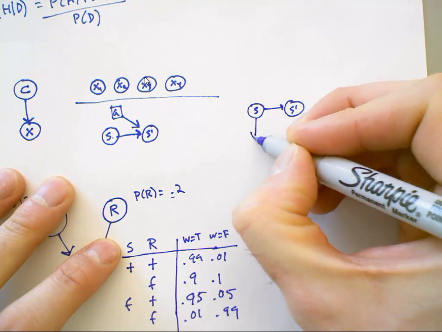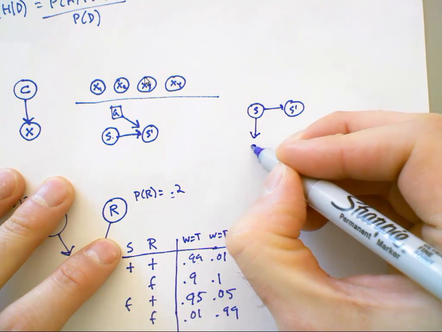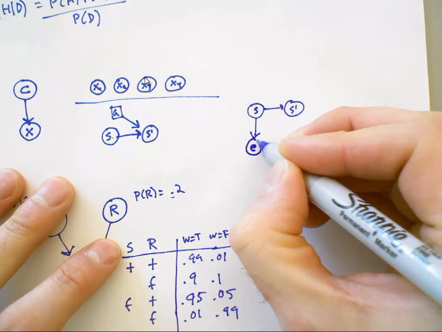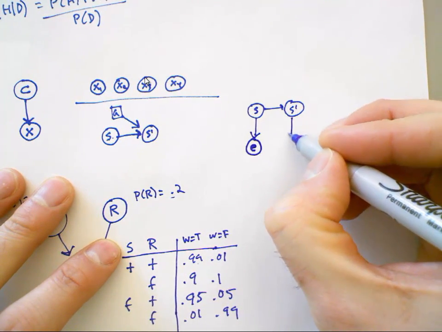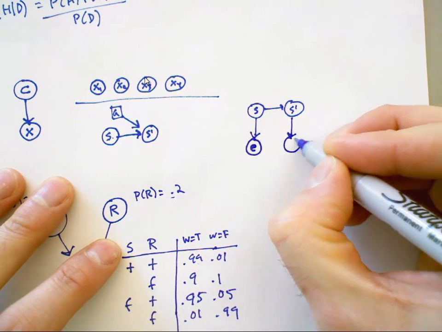So at every state, you got a little bit of, I don't know if you want to call it O or E. Different people use different letters. I don't care.